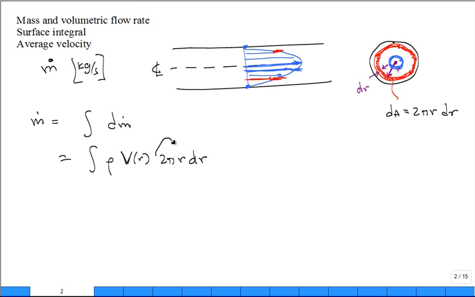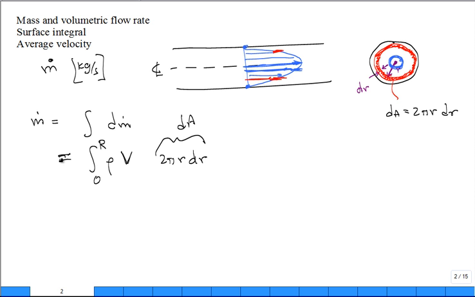This is simply dA. So I'm integrating over the area. I express the area as a function of r, and I integrate from lowercase r equal to 0 to lowercase r equal to cap R. I emphasize that v is a function of r, but you can look at it and say, okay, I understand v is a function of r.